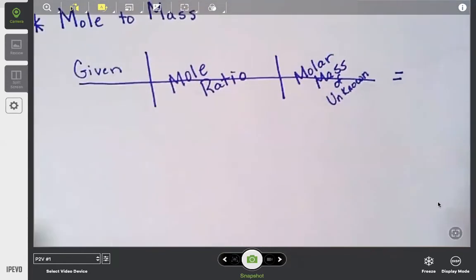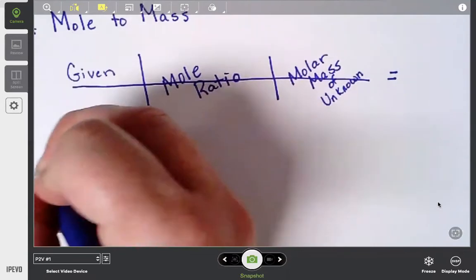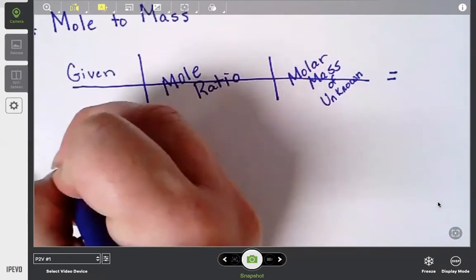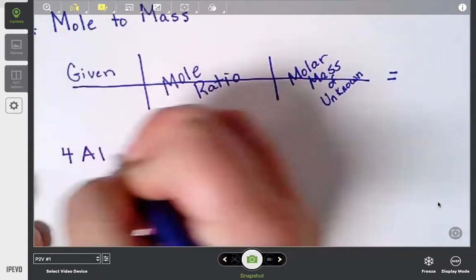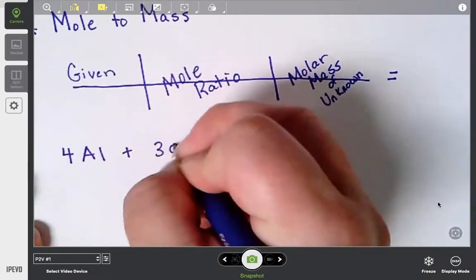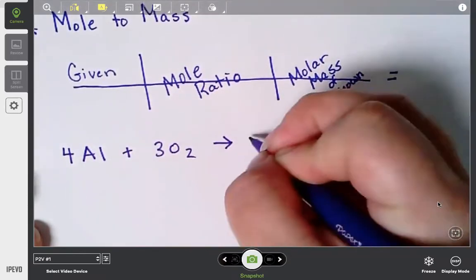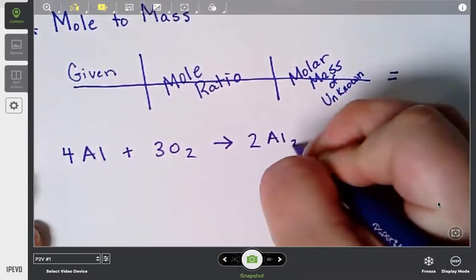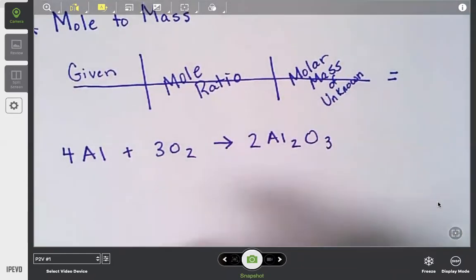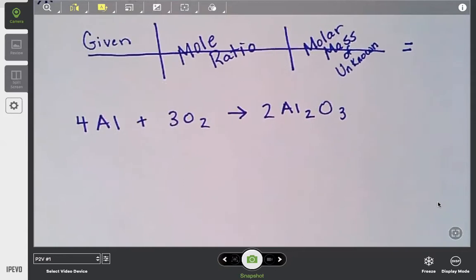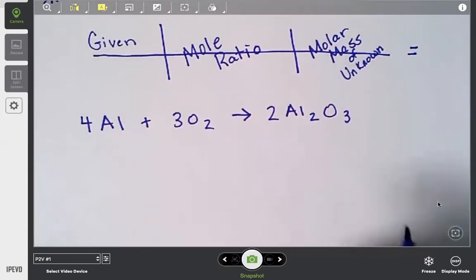So let's use my favorite equation. Let's do an example here, going back to aluminum plus oxygen yields aluminum oxide. Like I said, I like to use this one because it's real obvious where our coefficients are coming from. I think it's easier to track down, especially when you're studying.